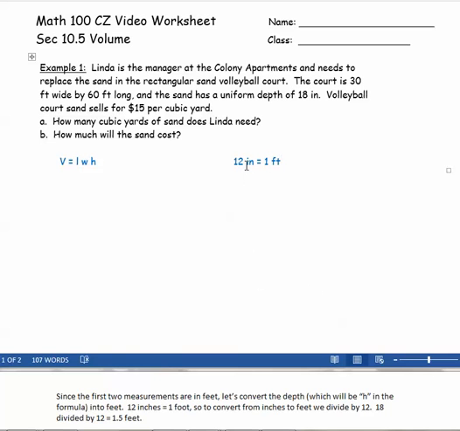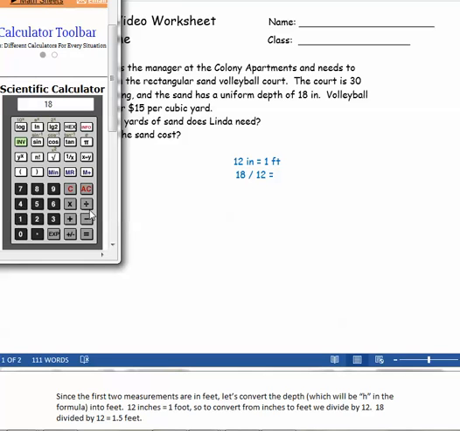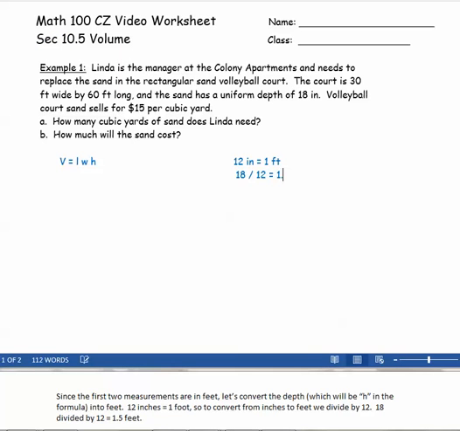So to convert from inches to feet, we're going to divide by 12. So to convert 18 inches into feet, we're going to take 18 divided by 12, which equals 1.5 feet.